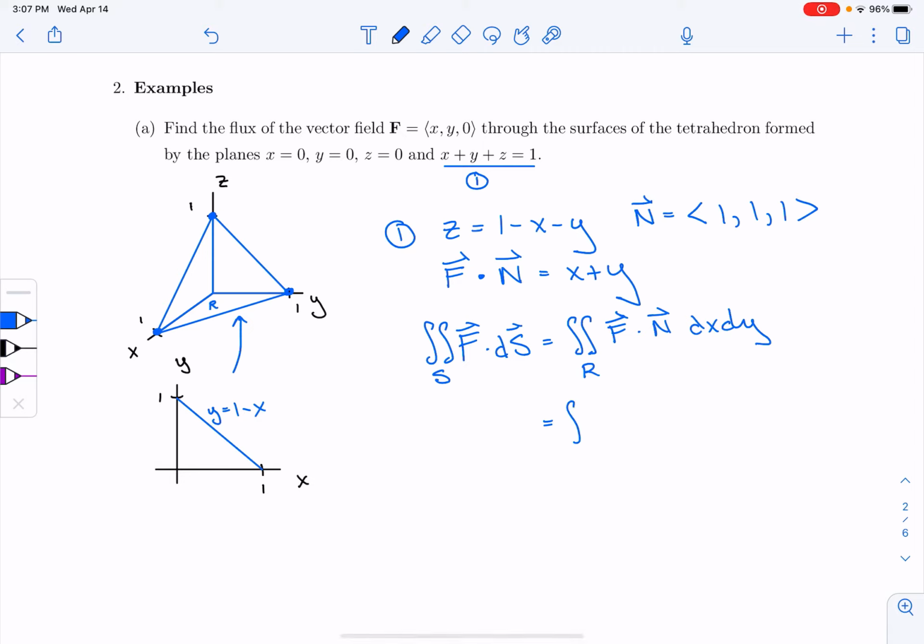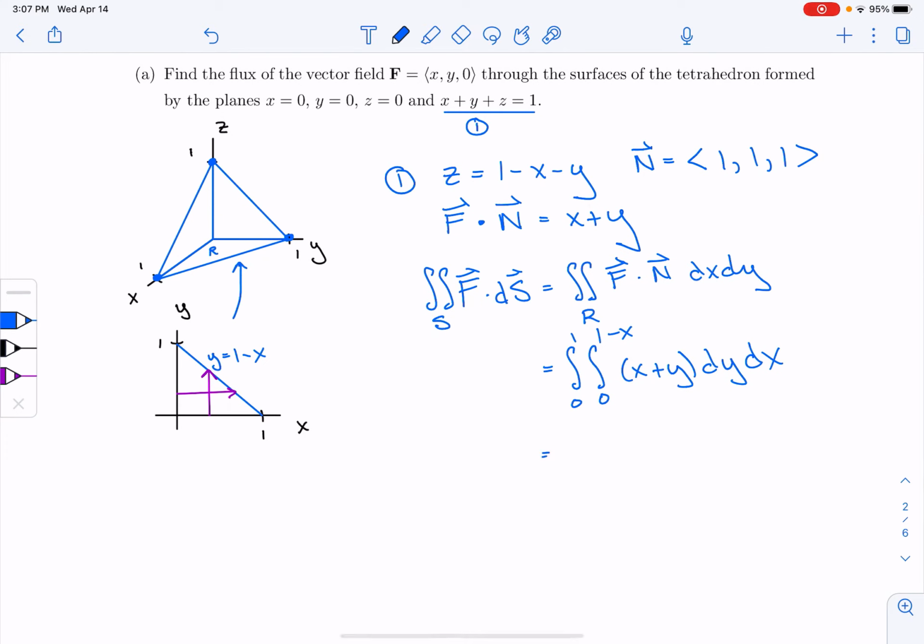So I'm going to do the double integral, integrating dy first, from 0 to 1 minus x, and then from 0 to 1. I'm going to integrate f dot n, which is x plus y, dy dx.